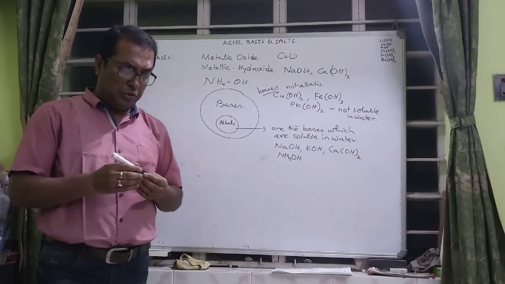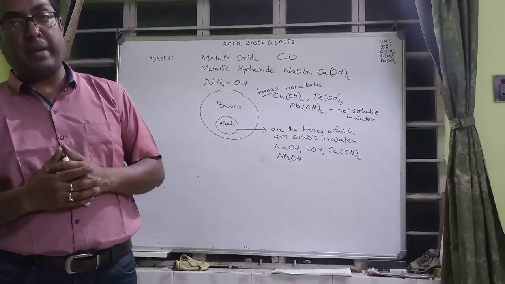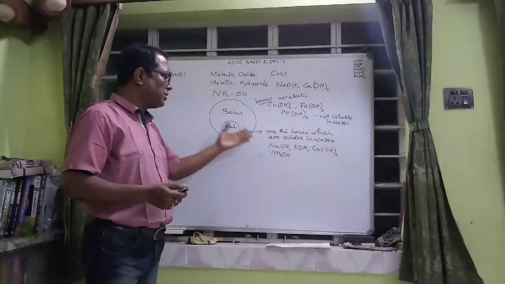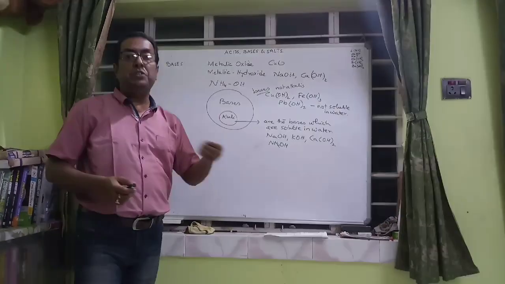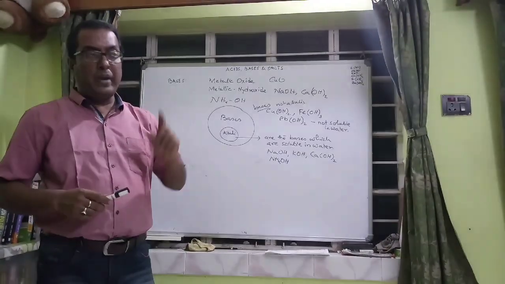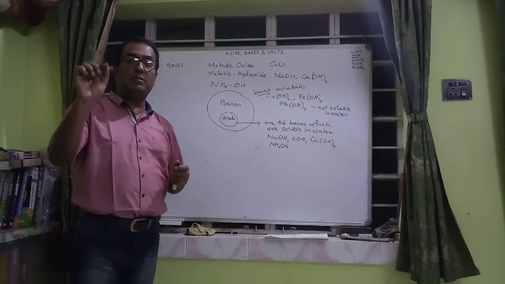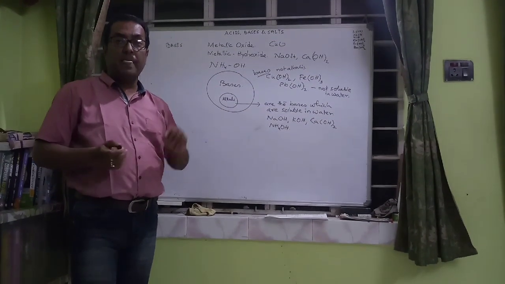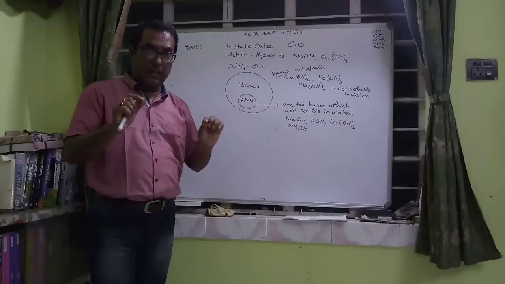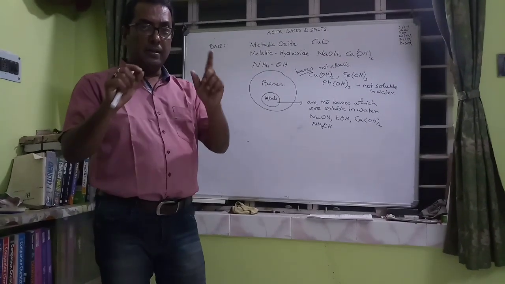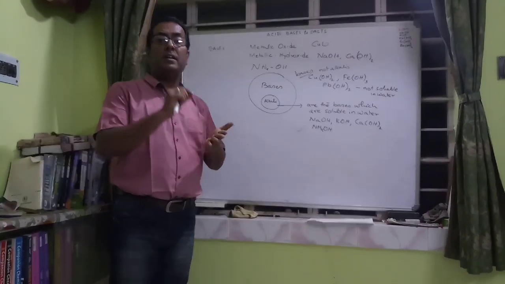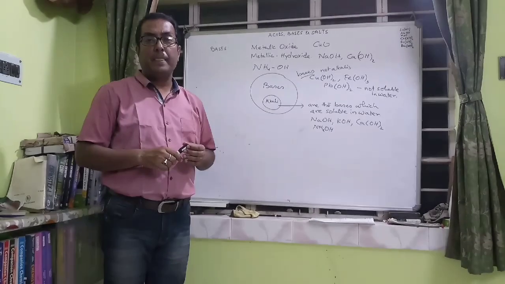Our next thing is to know about the acidity of the base. So for the bases, particularly the alkalis, when you are dissolving them in water, please write it down. I will give you time for writing it. Take out your copy and start writing: acidity of a base.